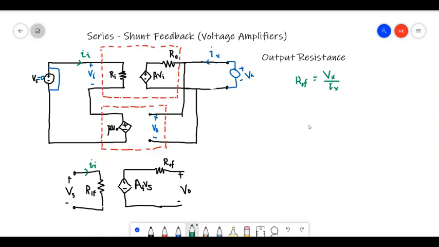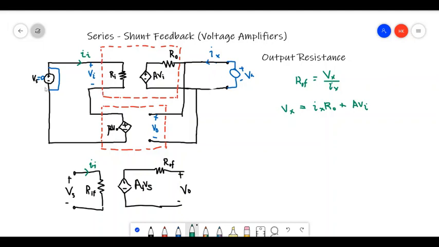So if I take an expression for Vx here, Vx can be written as Ix R naught plus A Vi, right?